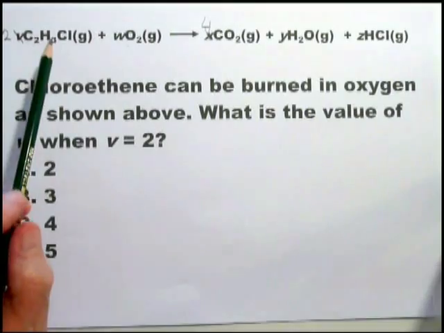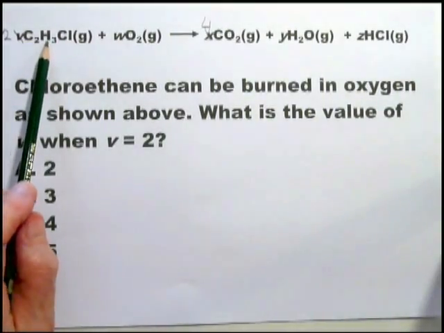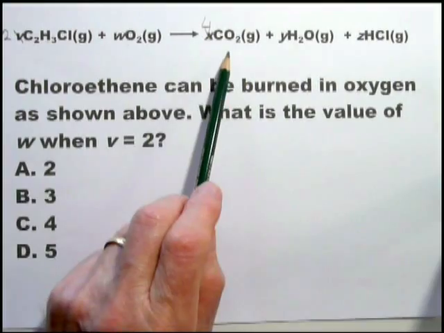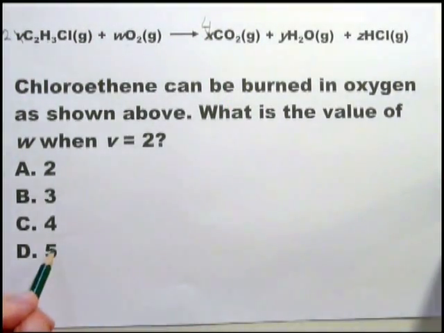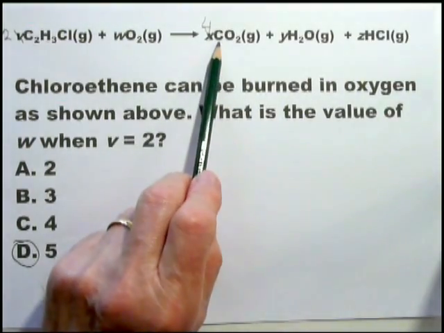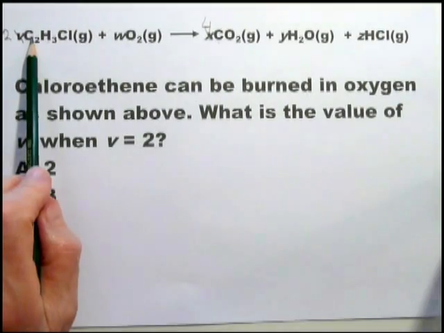And then you think about it and you say, hey, the hydrogen is going to need oxygen as well in order to form water. And the only possibility they give you of a number greater than 4 is 5. So that's the answer. It's as simple as that. And this one shouldn't take you more than maybe 20, 30 seconds to see that. But you only need to deal with the carbon dioxide from the carbon.